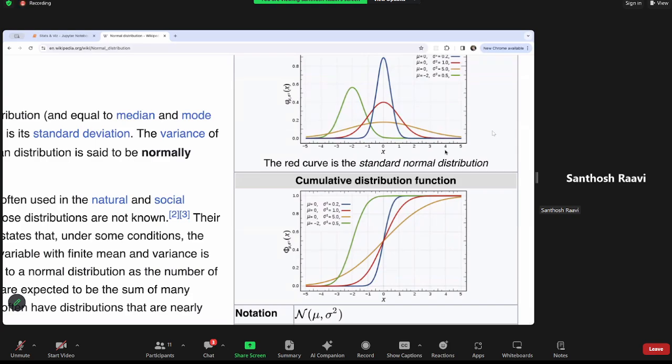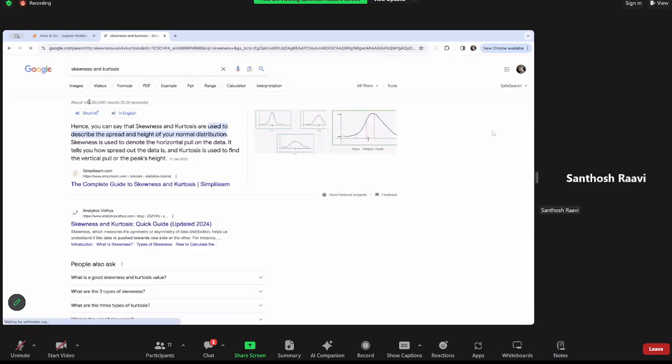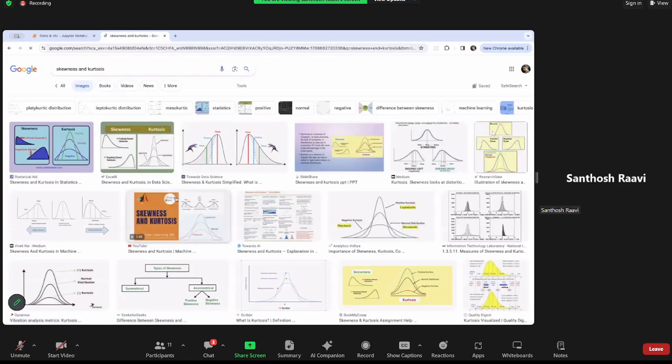Okay. Now we will discuss skewness and kurtosis. We will go with the images.